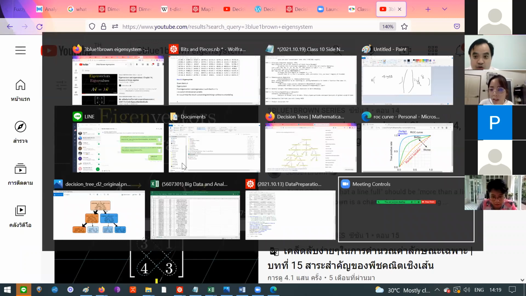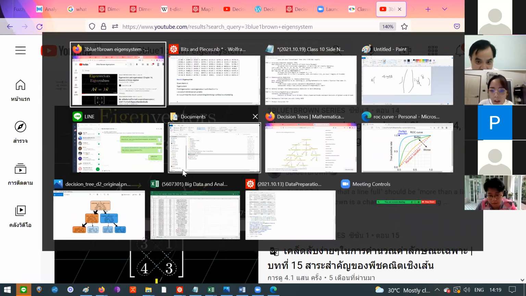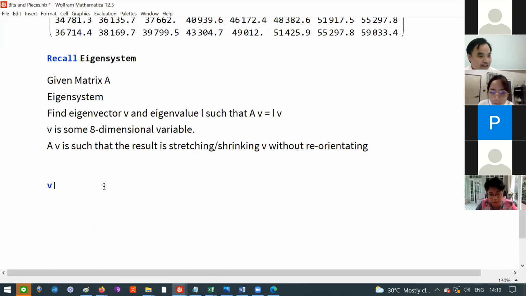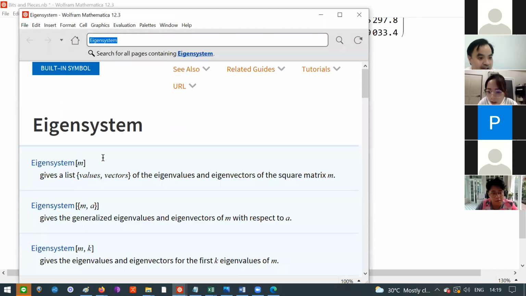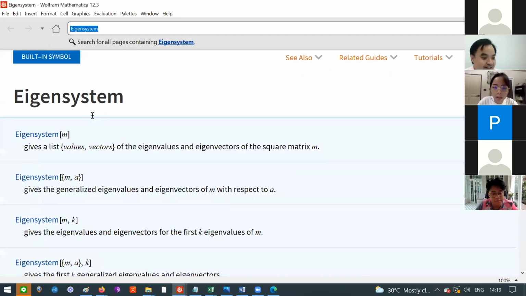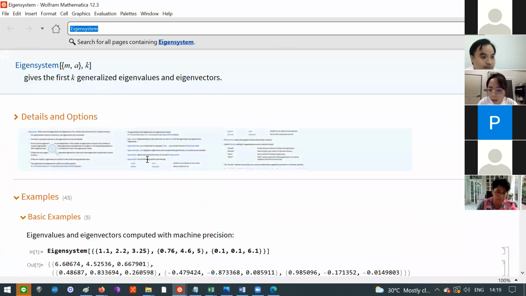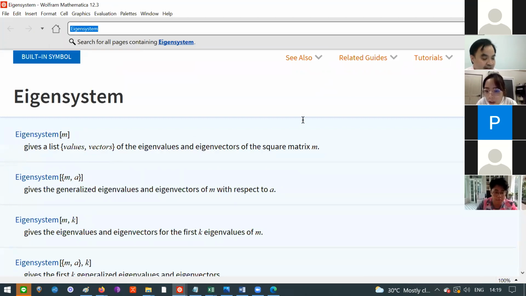Well, let's go back to our work. Let's go to Eigensystem. Notice it's a built-in function. Eigensystem of something is going to give you eigenvalues and eigenvectors.